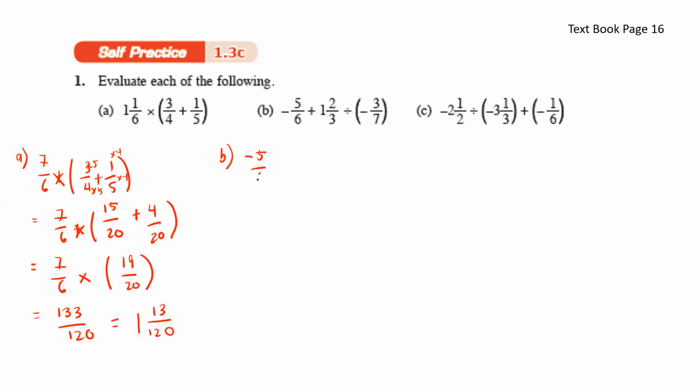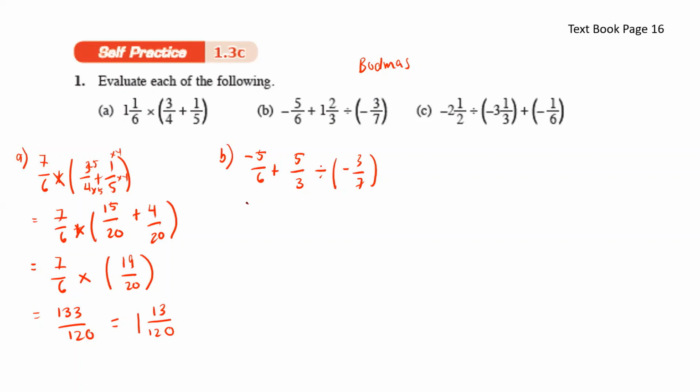Next, negative 5 over 6 plus 1 times 3 is 3, plus 2 you get 5 over 3, divide by negative 3 over 7. So according to the BODMAS rule, we'll have to do division first. But you cannot just leave it at division, okay?